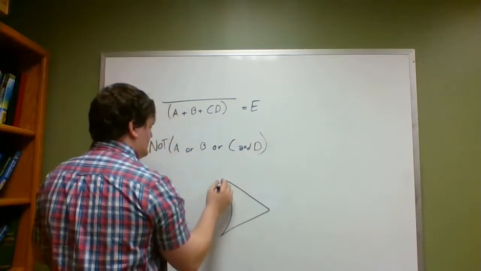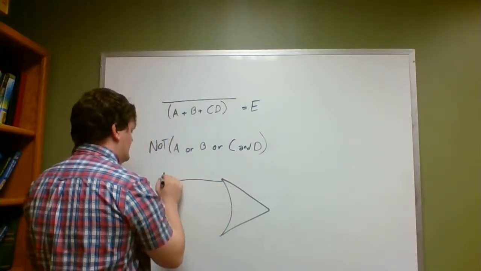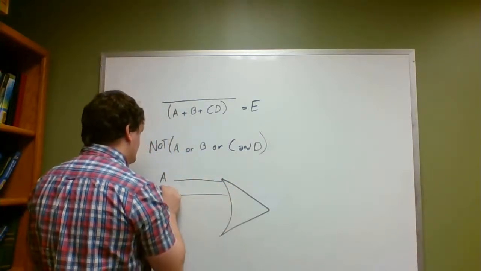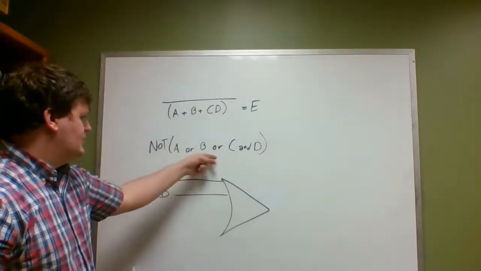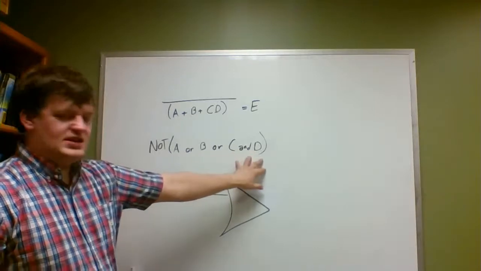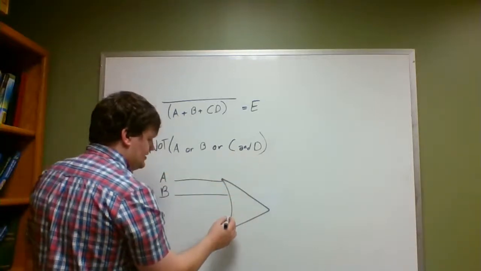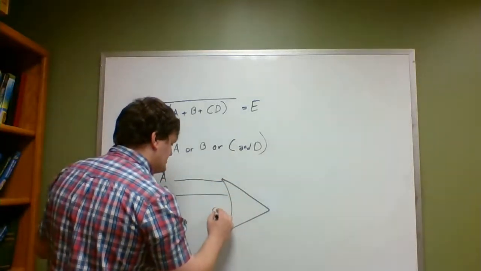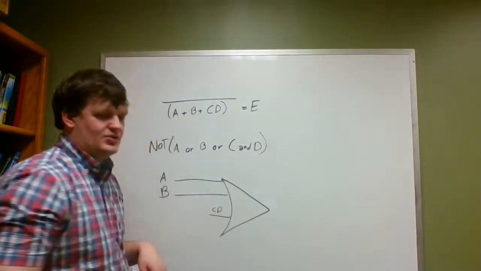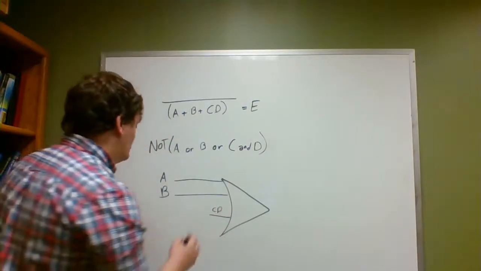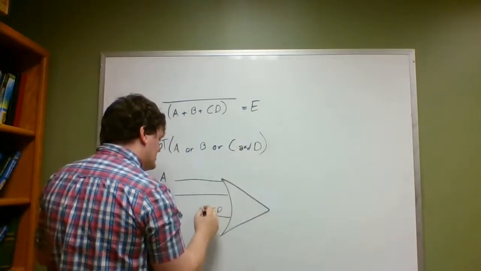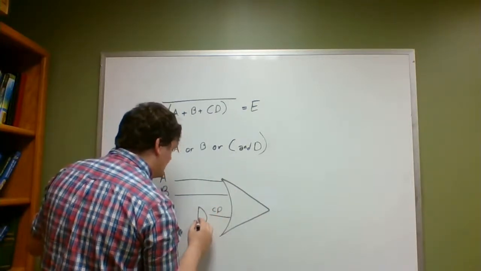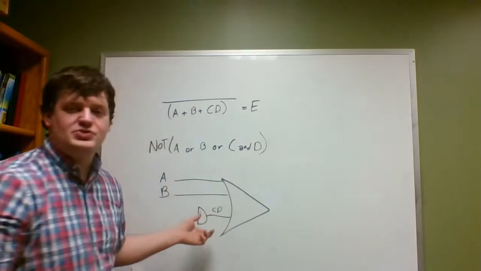Okay, so we have A, we have B, so A or B or C and D. Okay, so this right here represents CD. How do we get that to represent CD? Well, we have to put this as C and D. And there's an AND gate here. We have to include an AND gate. There's an AND gate right there. We just put an AND gate right there.